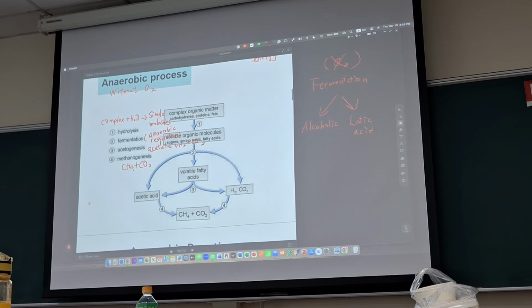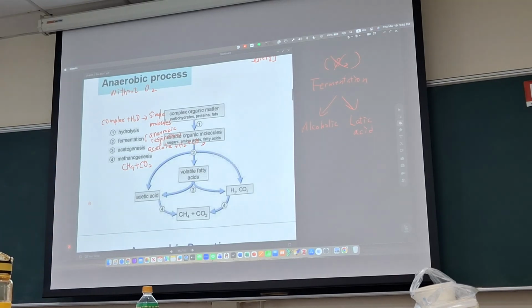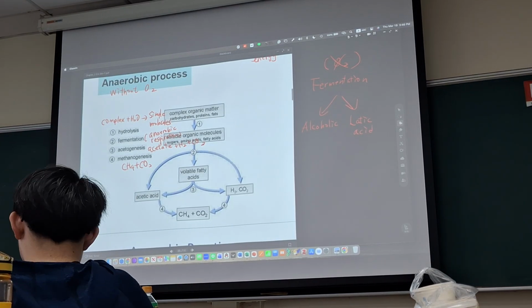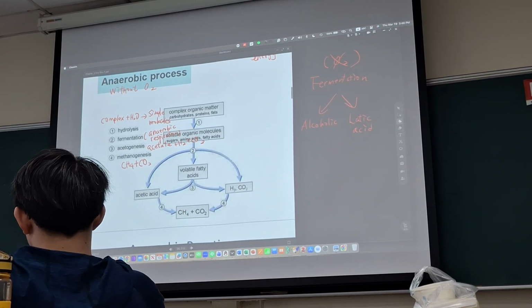Okay, let me quickly go over this. Hydrolysis means a chemical reaction that requires water. So this complex molecule breaks down into simple molecules. Fermentation, you can regard this as anaerobic respiration, without oxygen. There are two kinds of fermentation.